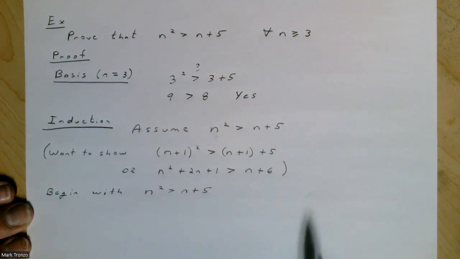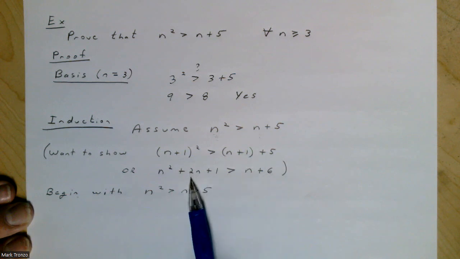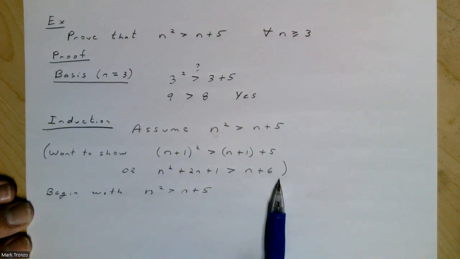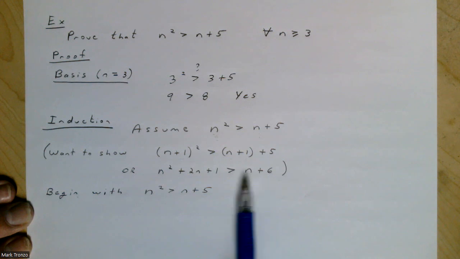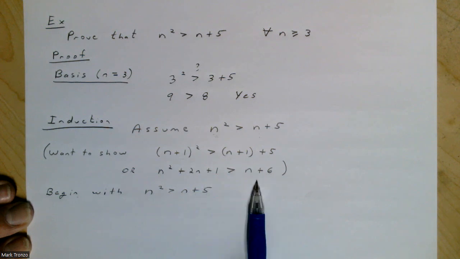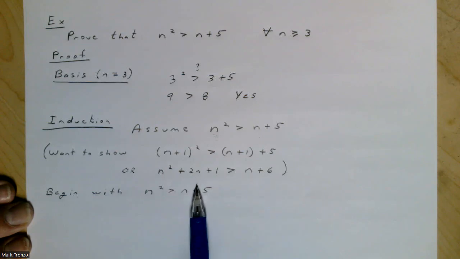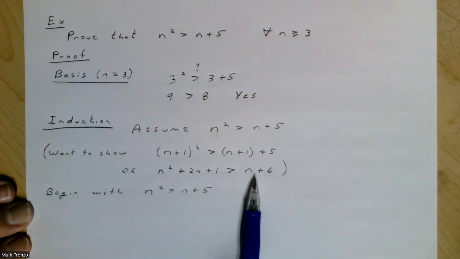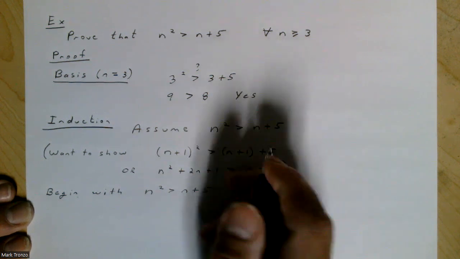And now we would like to match either the left-hand side or the right-hand side up here. That'll usually be a good place to start, is try to match one side or the other by adding something, subtracting something, maybe squaring both sides. So if we're beginning with this, probably the easiest thing would be to try to match the right-hand side. So let's add 1 to both sides.